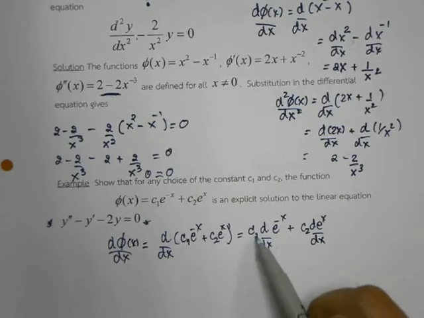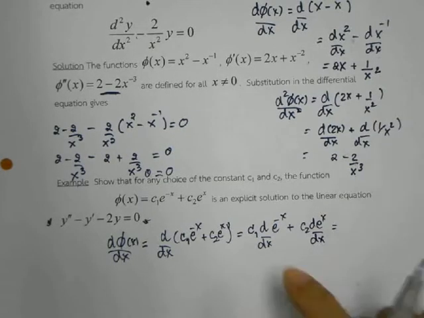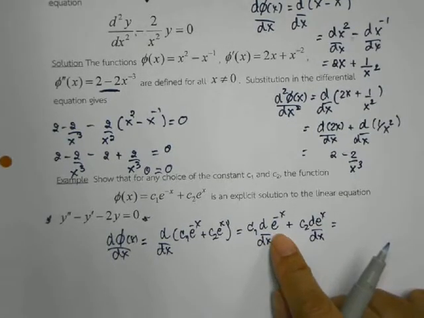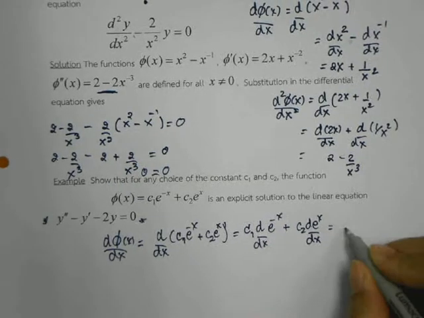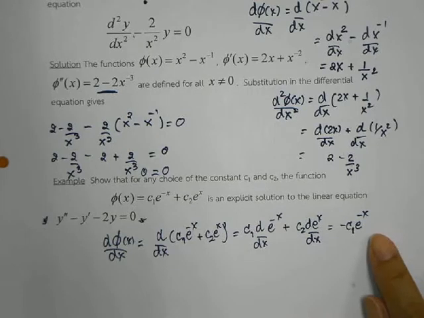Because c is a constant, we can take it out from the derivative. The derivative of the exponential of minus x is equal to negative exponential of negative x.